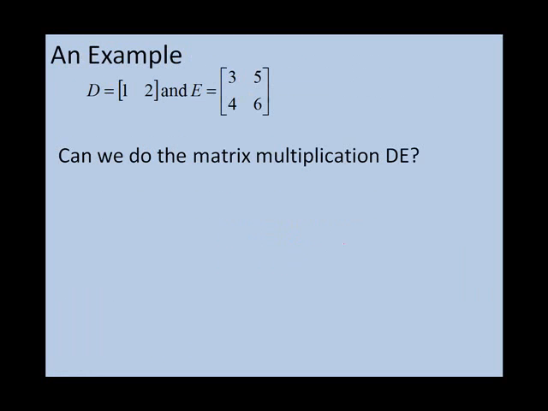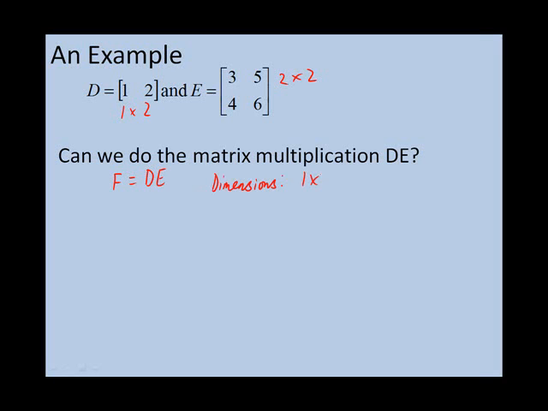We've got two matrices, matrix D and matrix E. The dimensions of matrix D is that it's a 1 by 2 matrix, while matrix E is a 2 by 2. We want to calculate matrix F, which is going to be D times E. Can we do that matrix multiplication? Let's write out the dimensions.